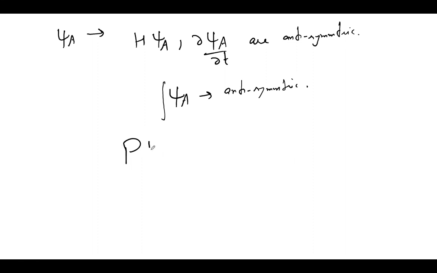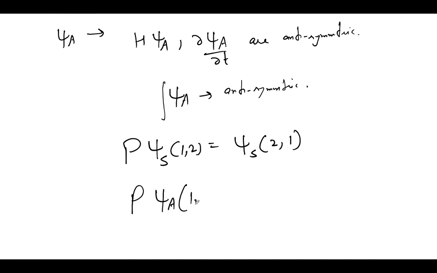When this operator acts upon the symmetric wave function, it remains symmetric; although it changes the position, it does not change the sign. Similarly, when this operator acts upon the antisymmetric wave function, it changes its sign. So this is the antisymmetric and this is the symmetric wave function.